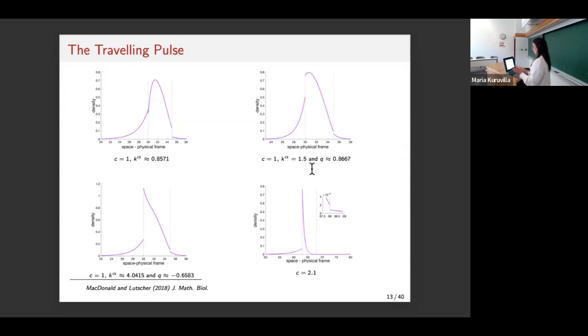If K alpha is greater than 1, then it depends on the sign of Q. Q is dependent on trailing edge parameters and the speed. And if c is greater than c star, so in this case, it's a non-dimensional model, c star is equal to 2, that's the critical speed, then it will always take on this decreasing profile. So we can see these kinds of bunching at the trailing edge section.